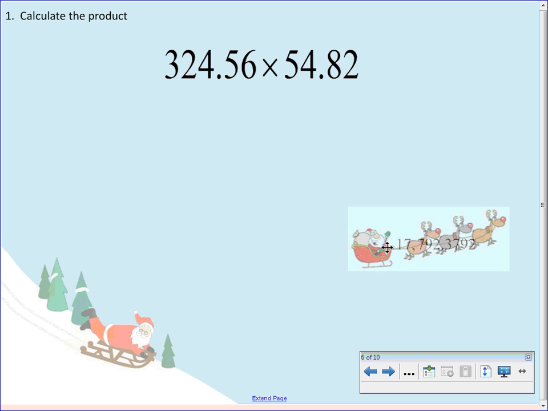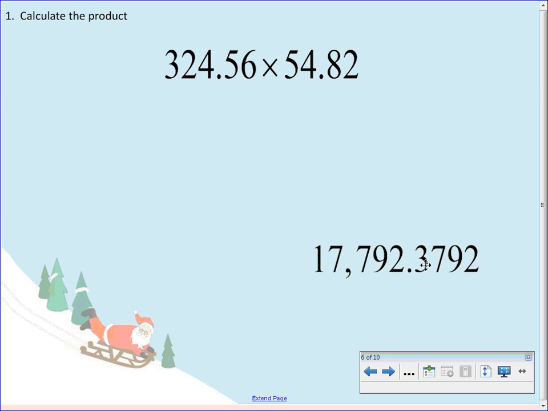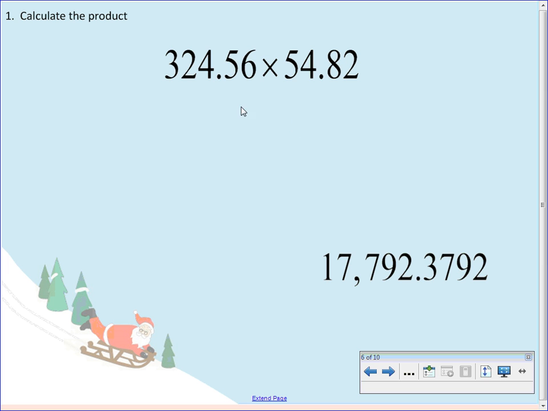So think about how big your answer has to be. 17,792.3792. There are 2 digits after the decimal here, 2 digits after the decimal here, so 4 digits after the decimal here. 1, 2, 3, 4.